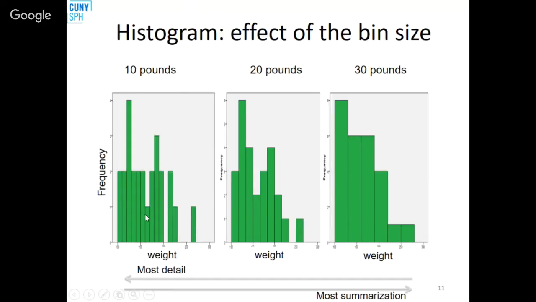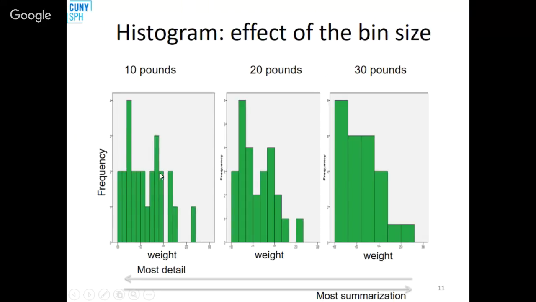When you make a histogram, it's good to remember that, again, some of your choices or the default choices of your software will affect the story that you tell with data. And the key decision you have to make in making a histogram is the bin size.